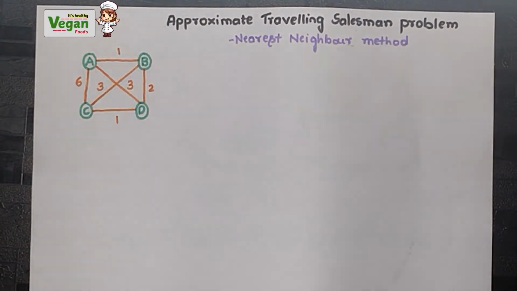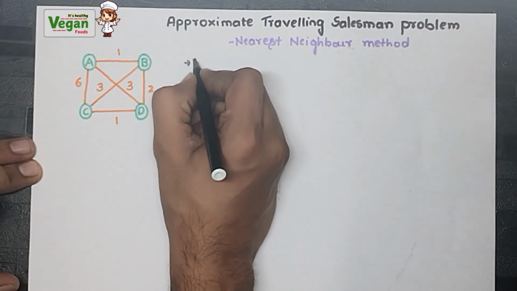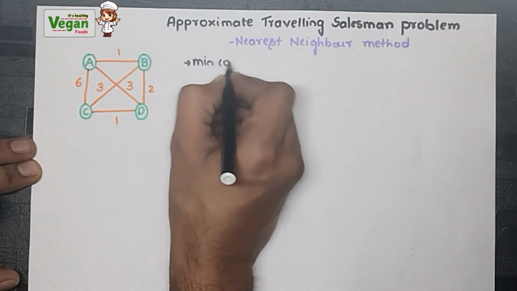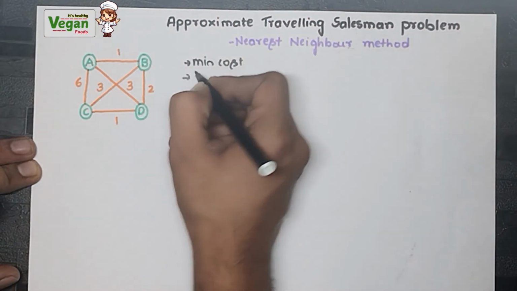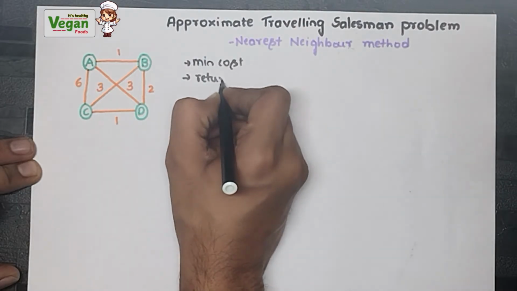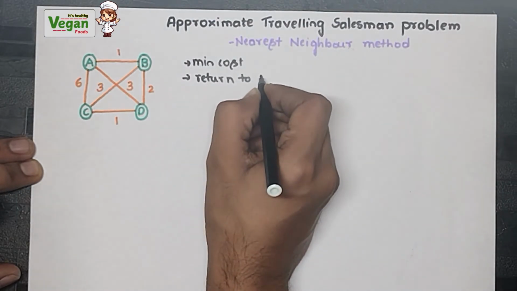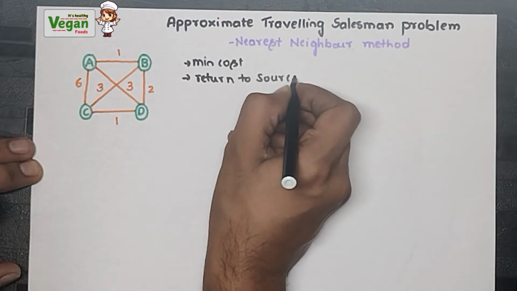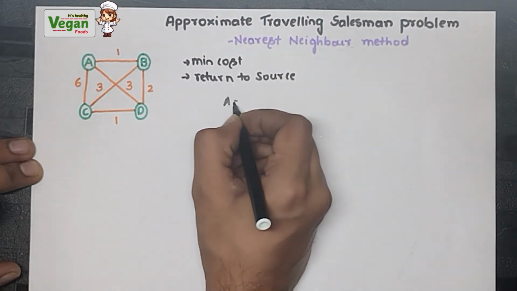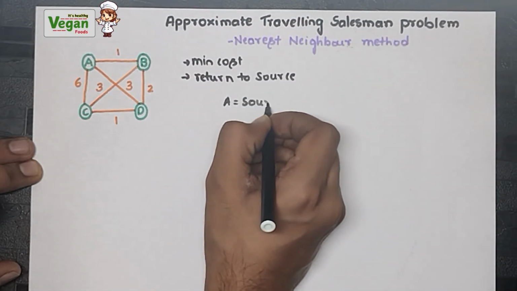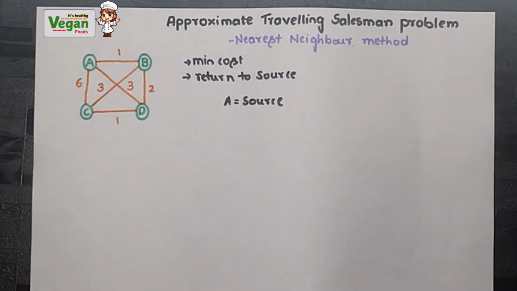First, he must go with the minimum cost, and second, he must return to the source city. Therefore let's consider A as the source city or the source vertex.